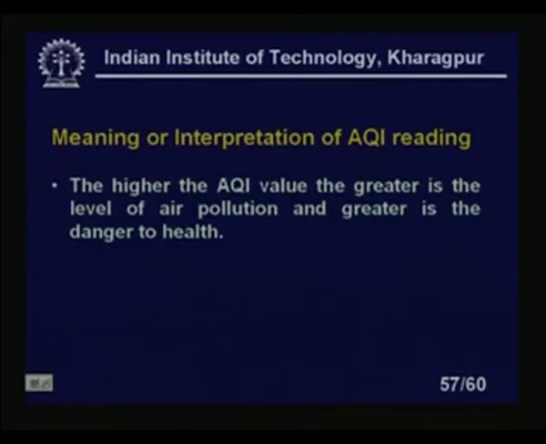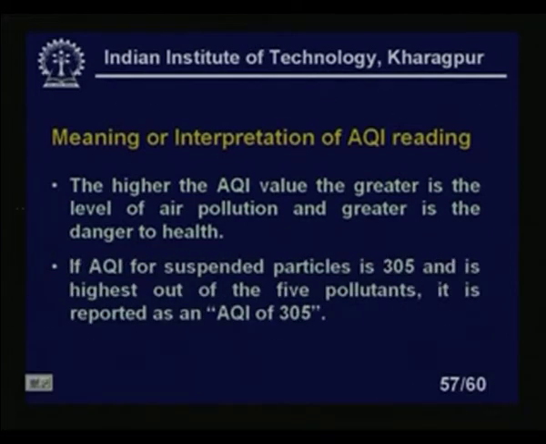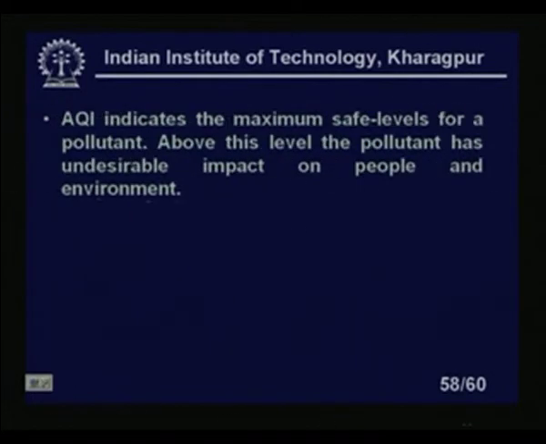Meaning or interpretation of an AQI reading: the higher the AQI value, the greater is the level of air pollution and the greater is the danger to health. Okay. PM10 is also there, but that is considered with the visibility. AQI for suspended particles is 305 and is the highest out of the 5 pollutants, reported as an air quality index of 305.